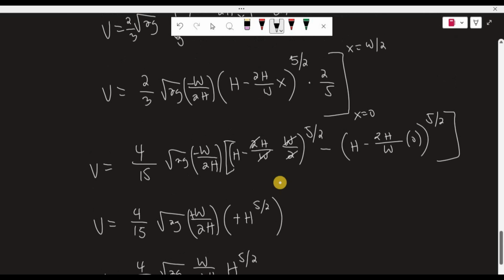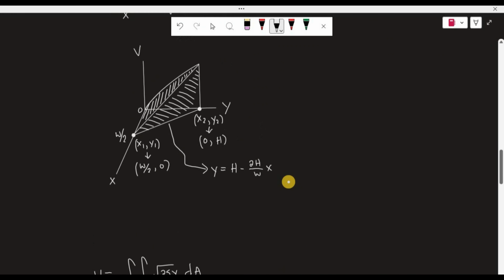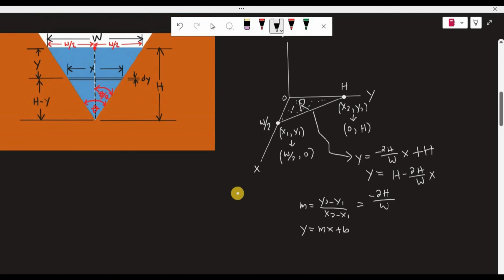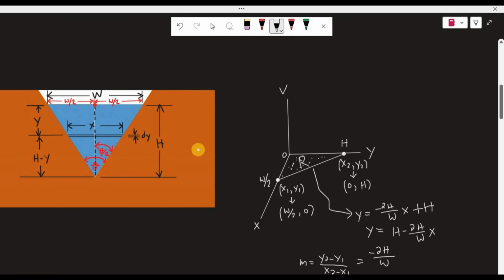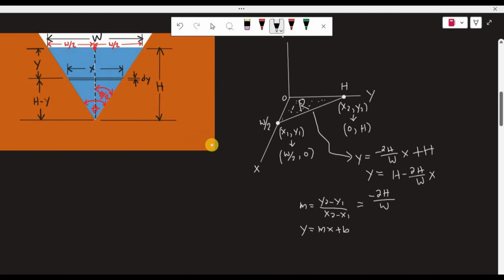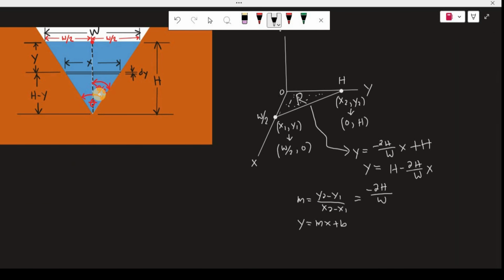Now let's revisit our figure, our sketch. Tangent theta over 2 is equal to opposite over adjacent. So this is w over 2 over h.